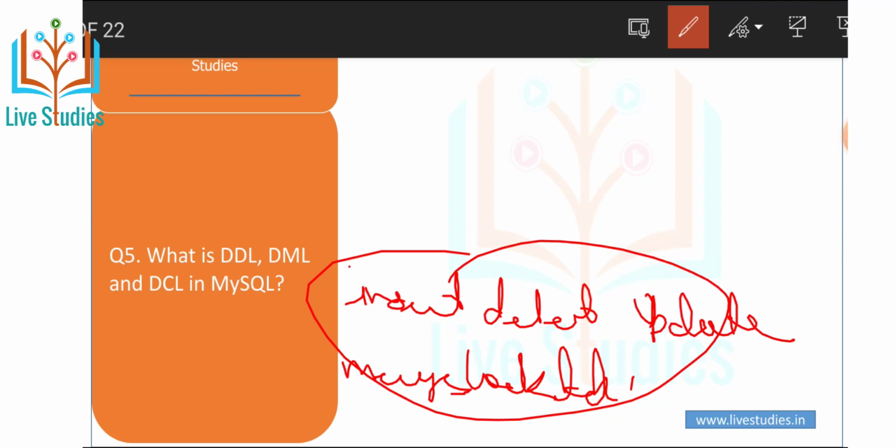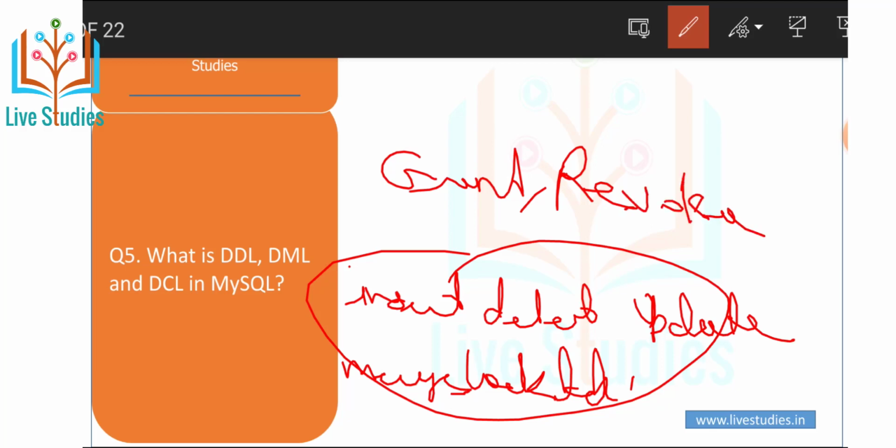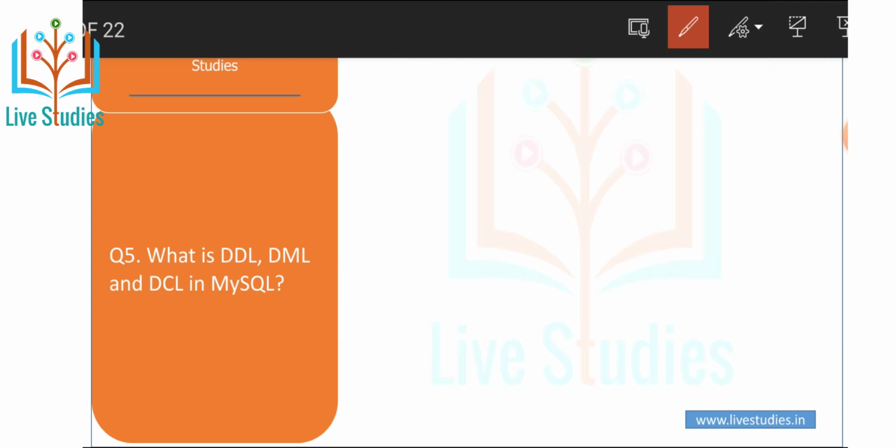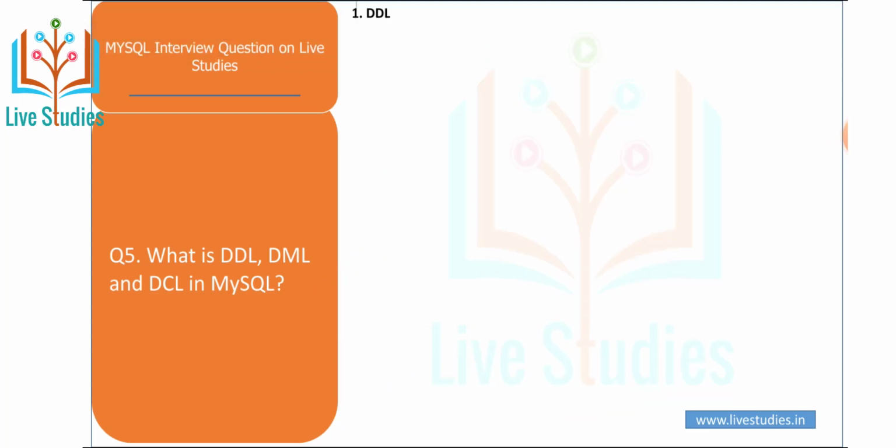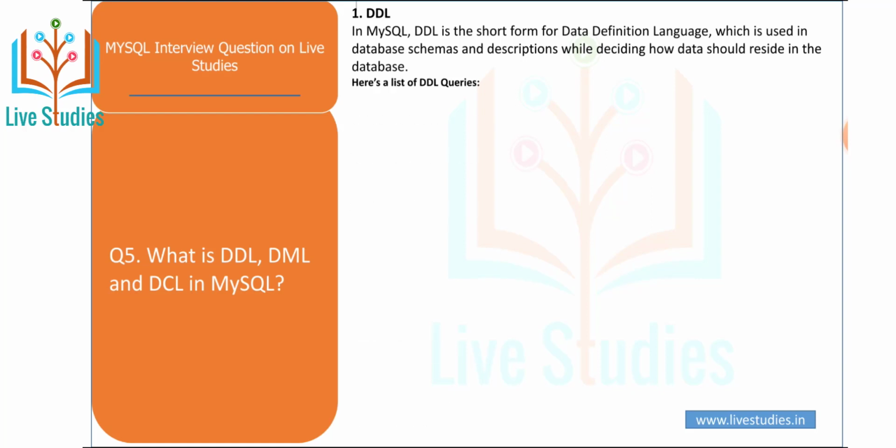Another one is DCL, data control language, which includes commands concerned with user rights and permissions and other controls of the database system: grant and revoke. Just two things, grant and revoke. See, DDL lists create, alter, drop, truncate, comment, rename.